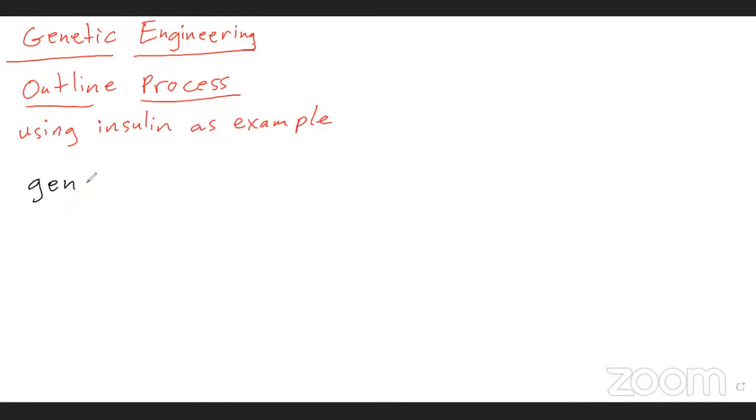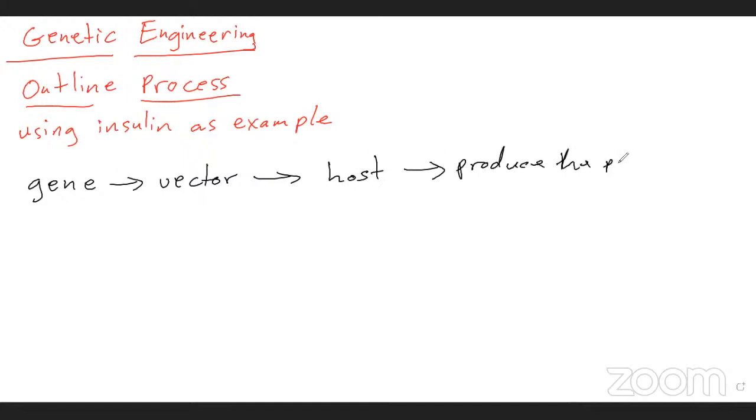So gene goes into vector, vector goes into host, and the host produces the protein from the gene. So remember, the gene codes for a protein that will be expressed.